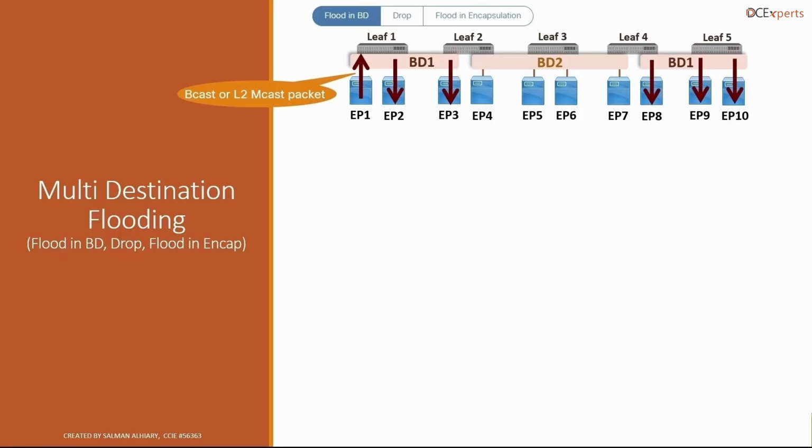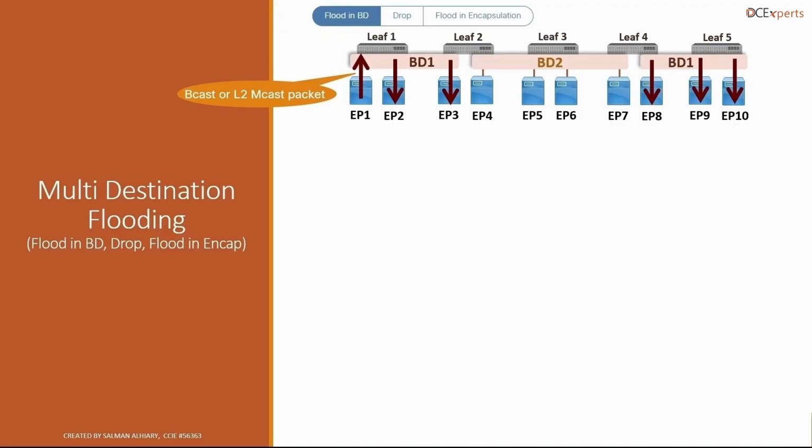Here in this figure, a broadcast or layer 2 multicast packet is received from bridge domain 1 ingress port, and the ACI floods the packet to all bridge domain 1 ports throughout the fabric. Note that bridge domain 2 ports didn't receive any copy. This is the ACI default option for the broadcast and the layer 2 multicast traffic.